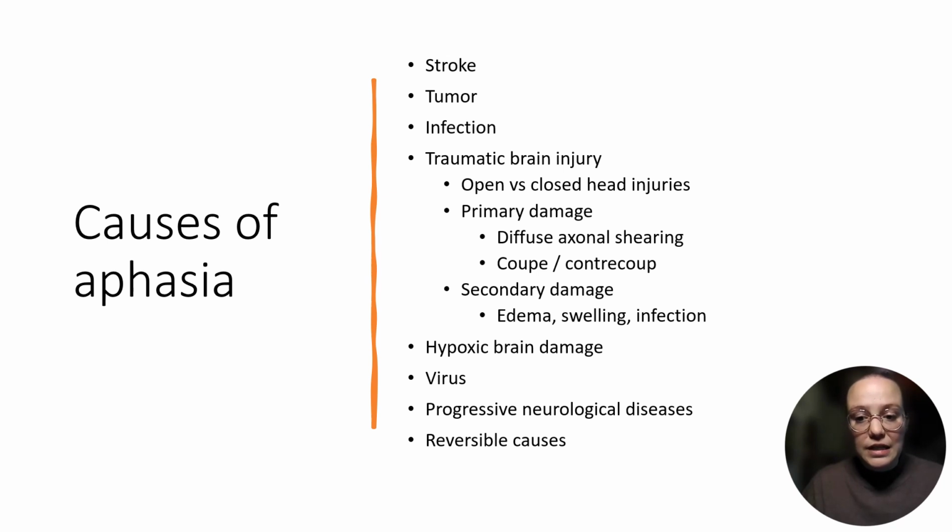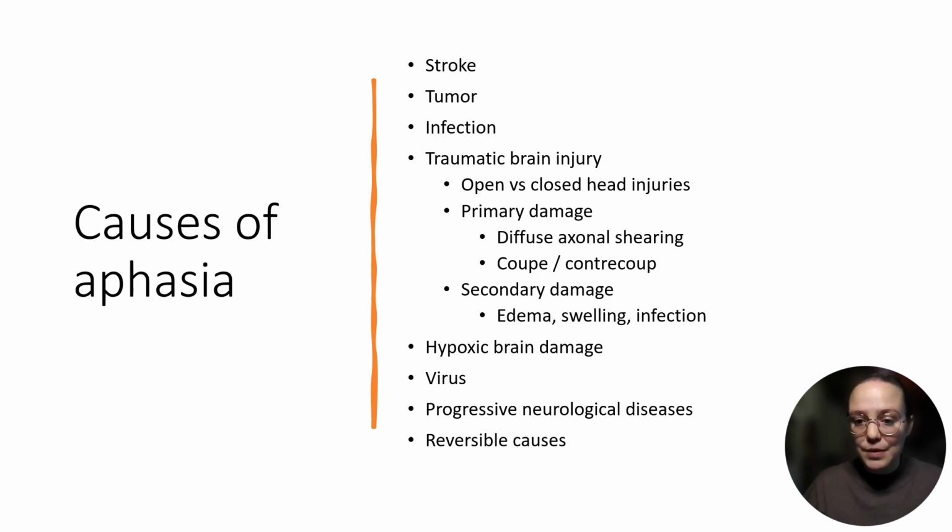Traumatic brain injury is another cause of aphasia, as well as a variety of other cognitive impairments like memory loss, attention loss, executive dysfunction. Traumatic brain injury can be open or closed, and that means, is the skull fractured to be open or does it stay closed?